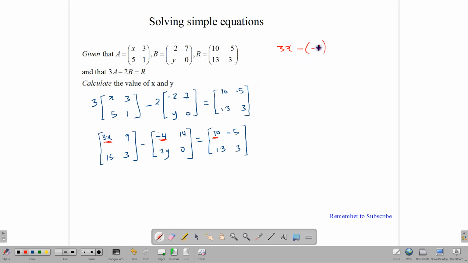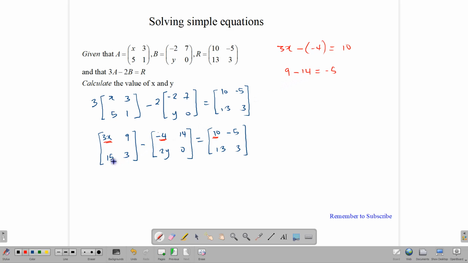For this position, we have that 9 take away 14 is equal to negative 5. That is true.